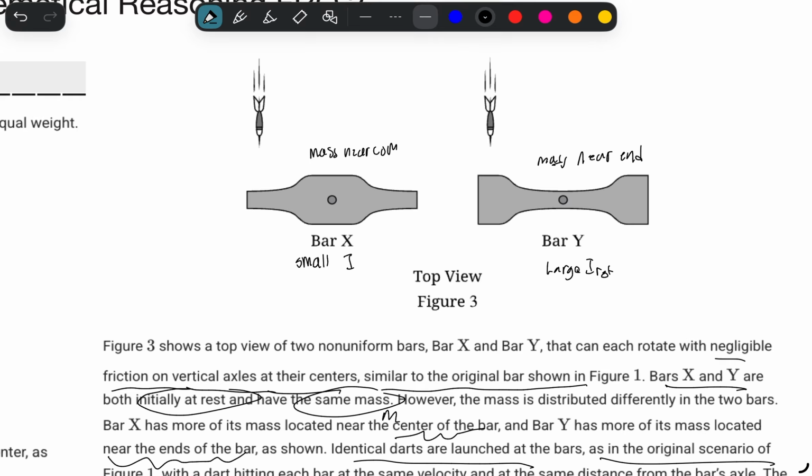It has a large resistance to motion because the mass is very far away. However, for the bar where all the mass is near the center, it doesn't have to go very far to move. It's all very close to the center of mass, the place around which it's going to begin moving in a circle. So yes.